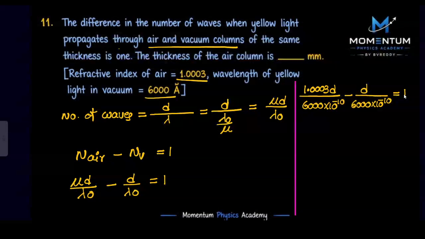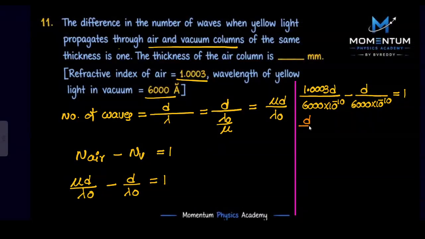So we need to get the value of D. If we take D outside, the denominator term also comes outside.